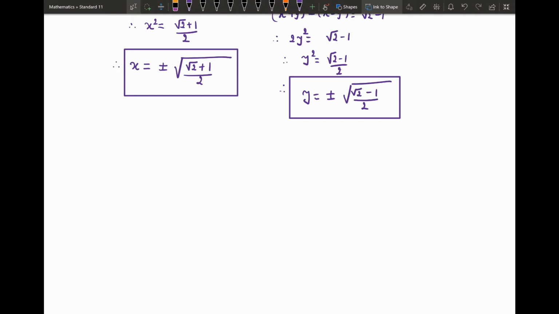Now as we have discussed, if we take x positive, then we have to take y negative, so that the product xy becomes negative.